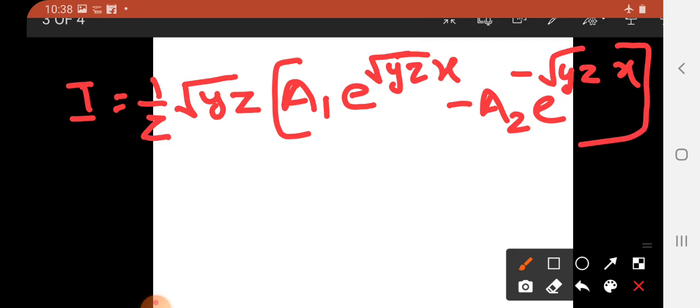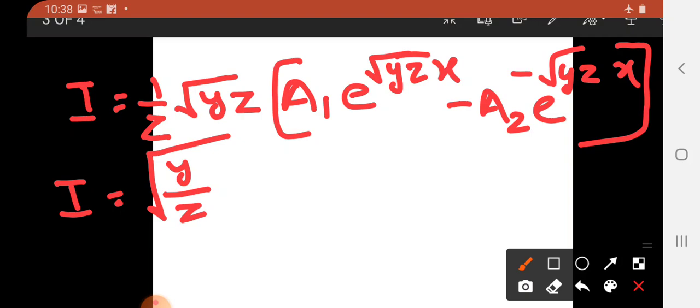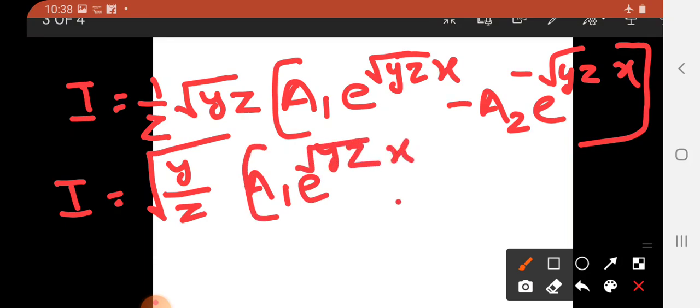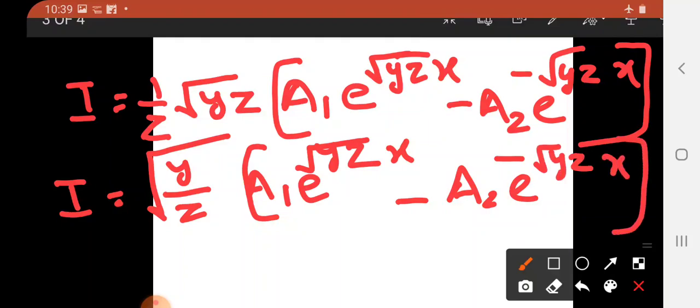This can also be written as I is equal to square root of Y by Z, where Z can be written as root Z into root Z, square root of Y by Z, A1 e power root YZ into x minus A2 e power minus root YZ into x. Let this be equation 6.